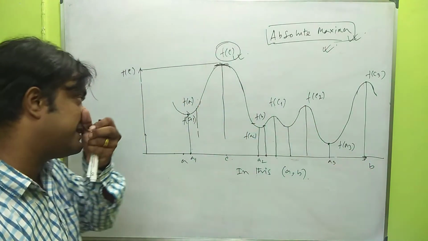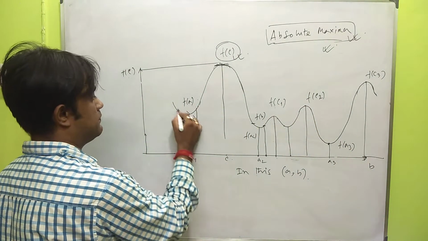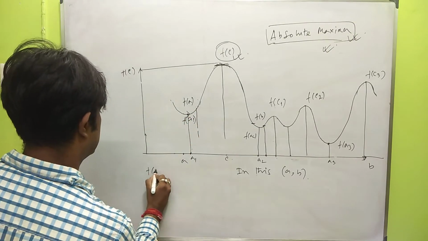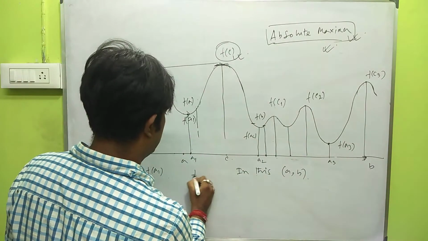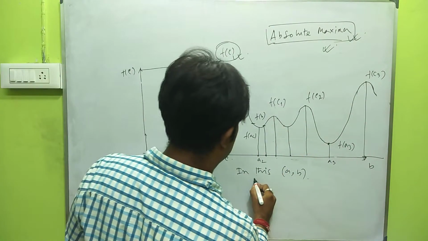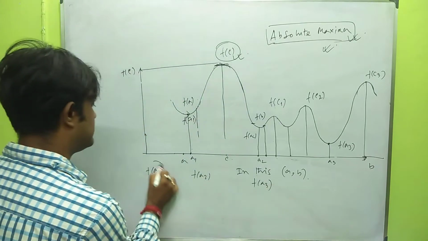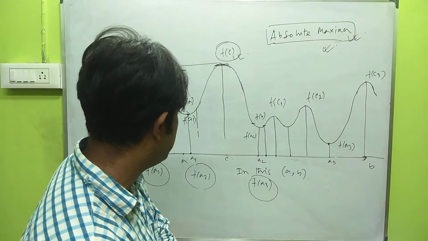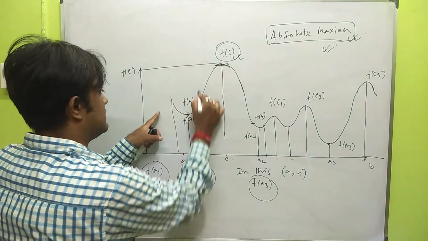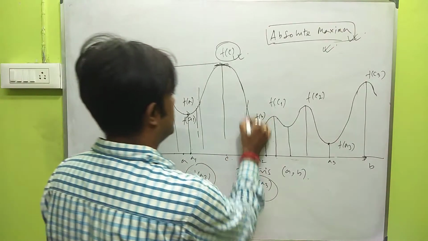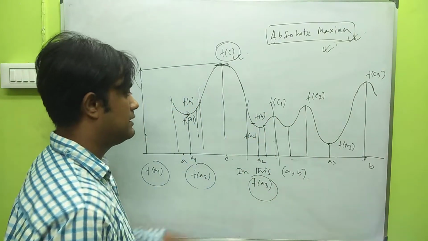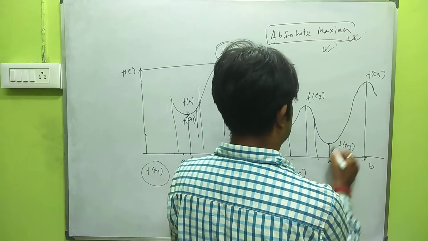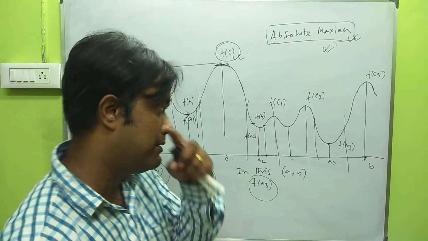Suppose we consider this interval or portion. We observe f of a1, f of a2, f of a3. All of these are local minima in some region: in this region f of a1 is a local minimum, in this domain f of a2 is a local minimum, and in this region f of a3 is a local minimum.